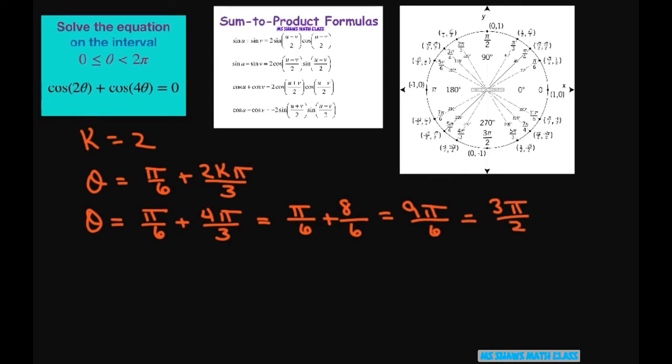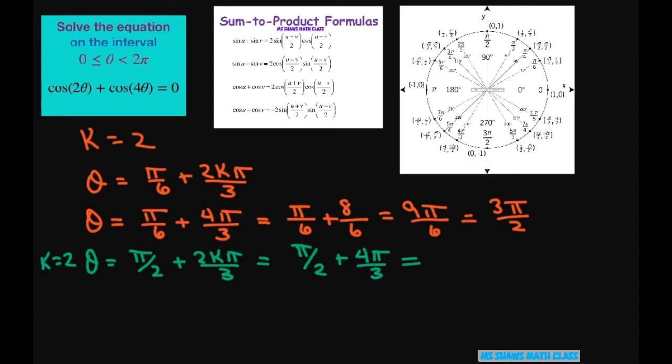So let's try the second one. If k is 2, we also had theta equals pi divided by 2 plus 2k pi divided by 3. So now let's plug in k equals 2 again. We get pi divided by 2 plus 4 pi divided by 3.